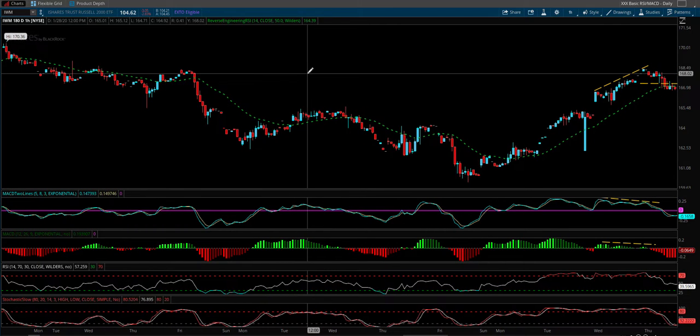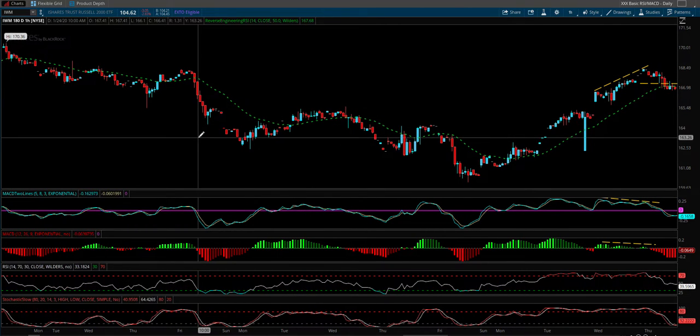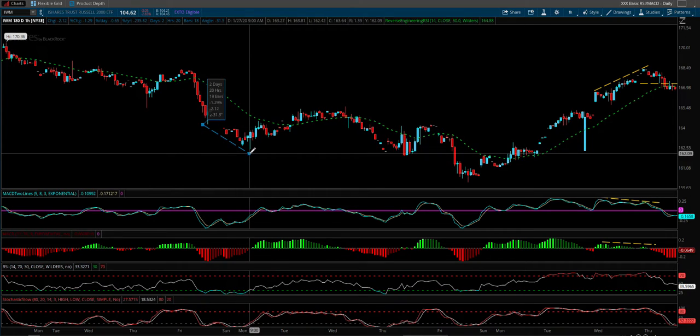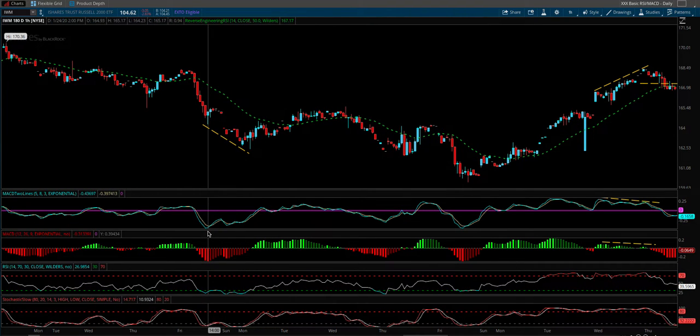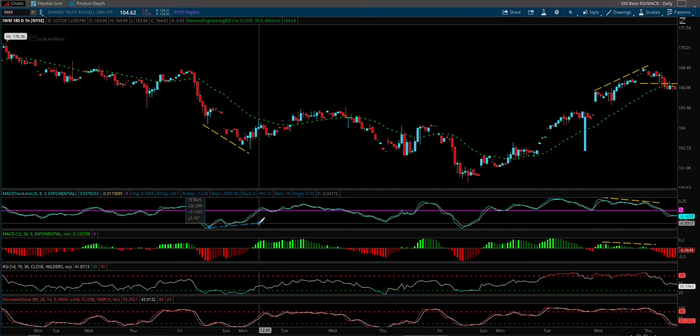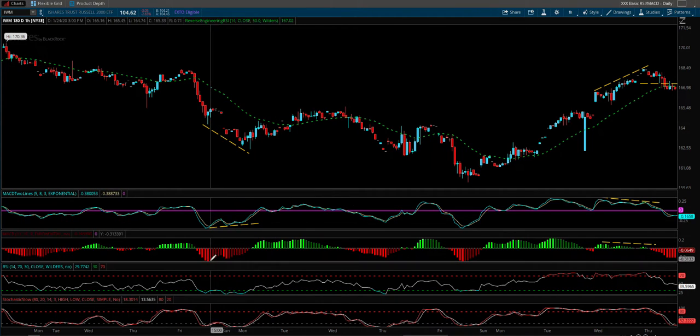All right, so here's one here. Now this is a positive divergence because you can see we have a lower price, but the MACD was kind of heading higher. Now the MACD showed it, but really this is just a histogram.